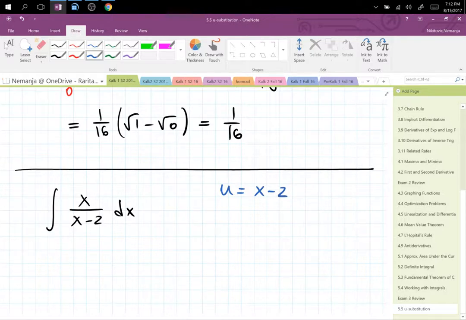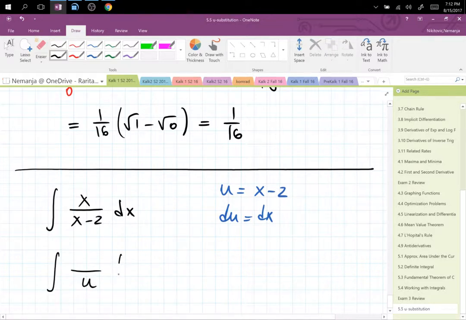So if u is x minus 2, what's du? Yeah, du equals dx. Good. So now if we try to substitute, we see the issue, right? The bottom is u, du is dx. We have this x extra.